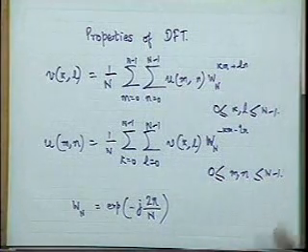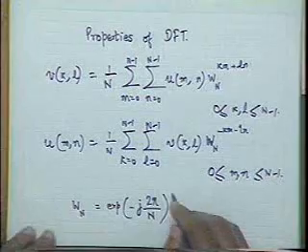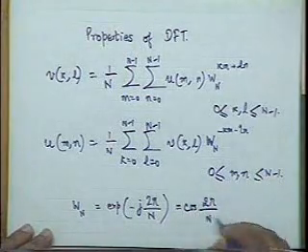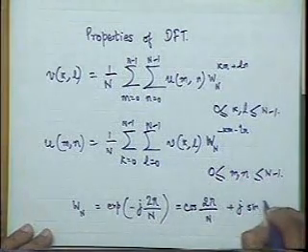So this exponential term I can write as a cosine term, cos of 2 pi by N, plus j sine 2 pi by N.